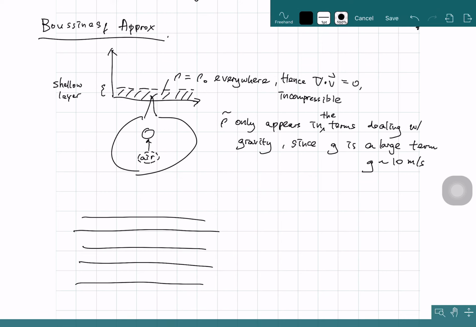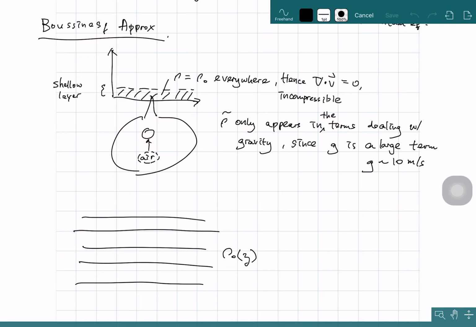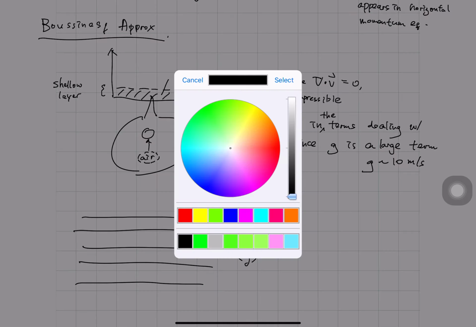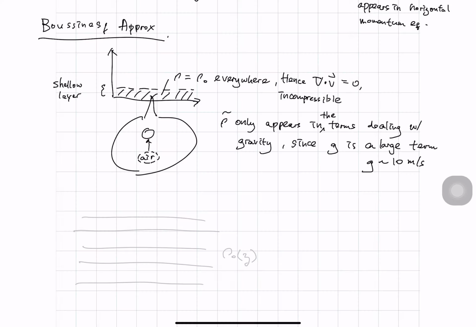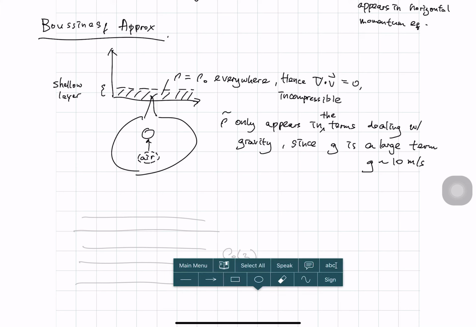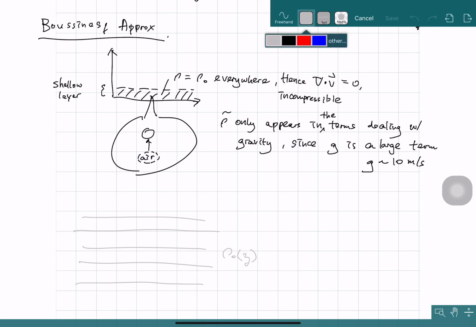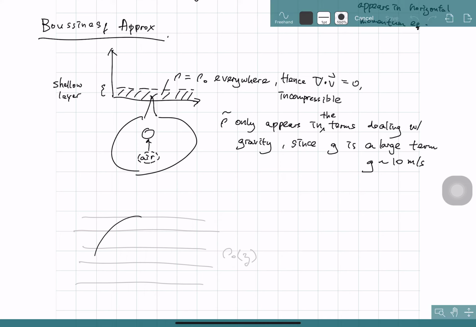This is our atmosphere, the Boussinesq approximation, and this is the bubble that we have here.